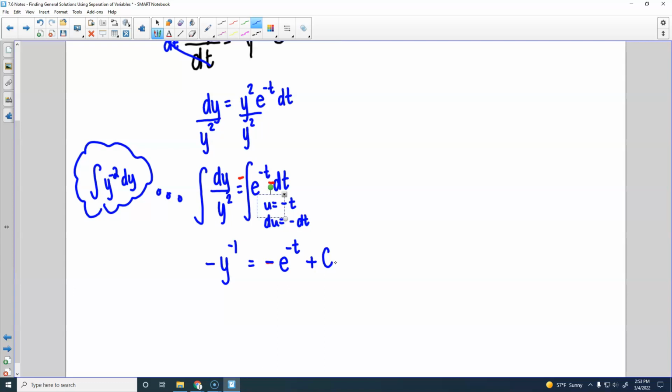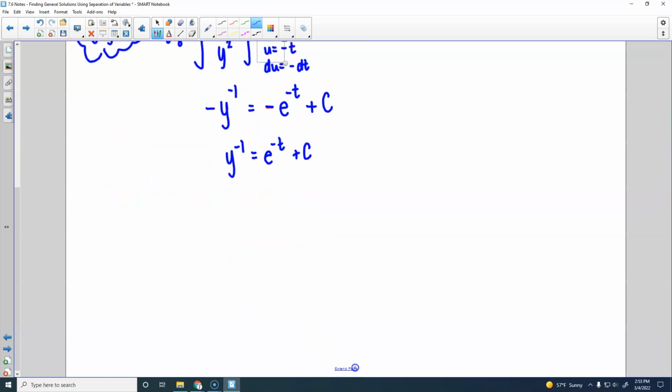And we can divide the negative ones away on both sides. So we would get y to the negative 1 equals e to the negative t plus c. If they do not ask you to give it as y equals, then you really could have stopped here.